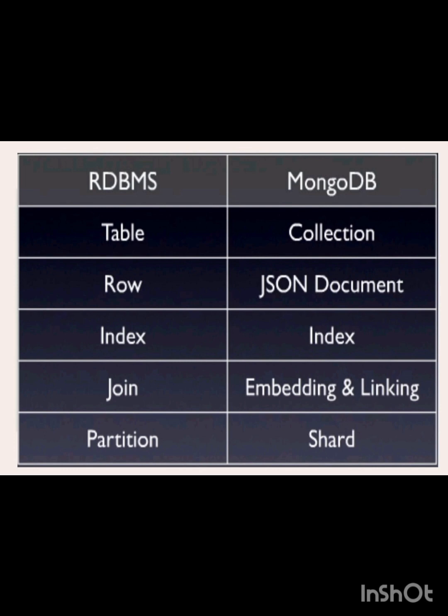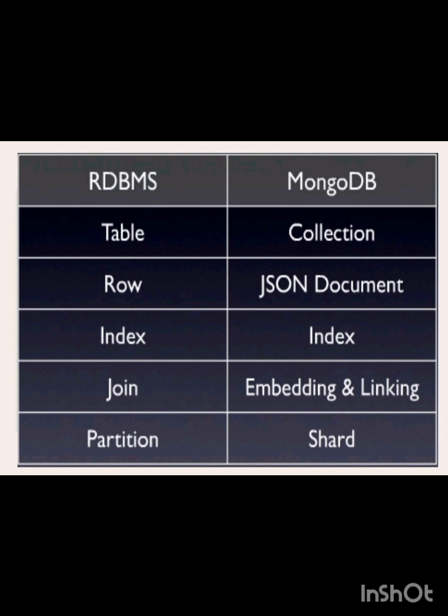So these are the other differences between RDBMS and MongoDB. RDBMS uses tables and MongoDB uses collections. In RDBMS it uses rows, whereas in MongoDB we use JSON documents. RDBMS and MongoDB are similar with index.